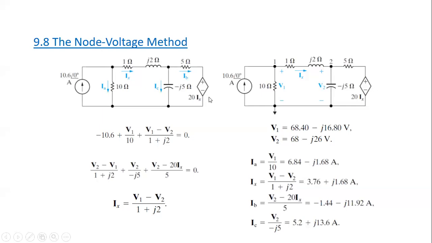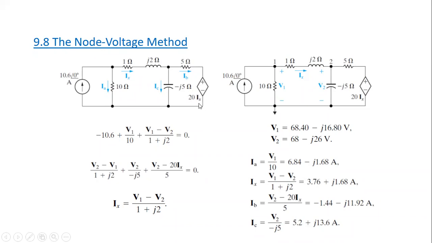And this voltage source is current controlled. Because as you see that in the X value, we have the controlling variable given as a current, which is Ix. So this voltage source is equal to 20 Ix volts, because this is voltage source.